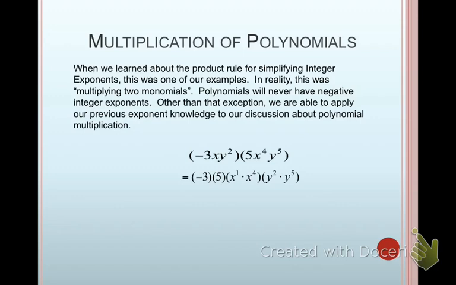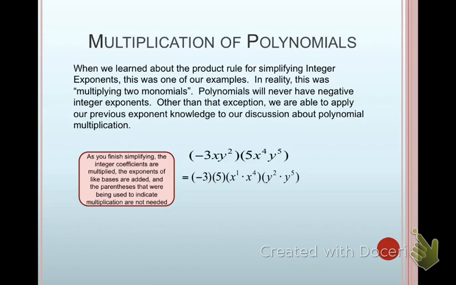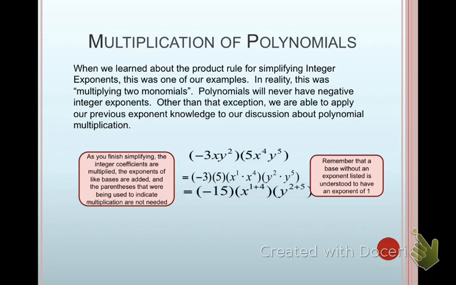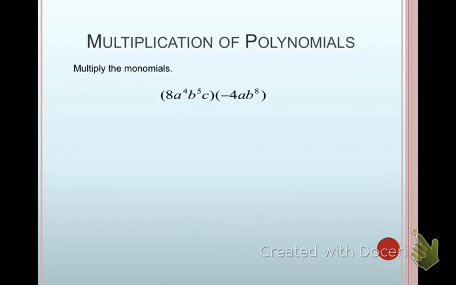And when we did that, we multiplied our two coefficients, negative 3 times 5, and we multiplied x times x to the fourth, and we multiplied y squared times y to the fifth. In doing so, remember that your x is really like x to the first, and we added our exponents, and we multiplied our coefficients, and that left us with negative 15x to the fifth y to the seventh.